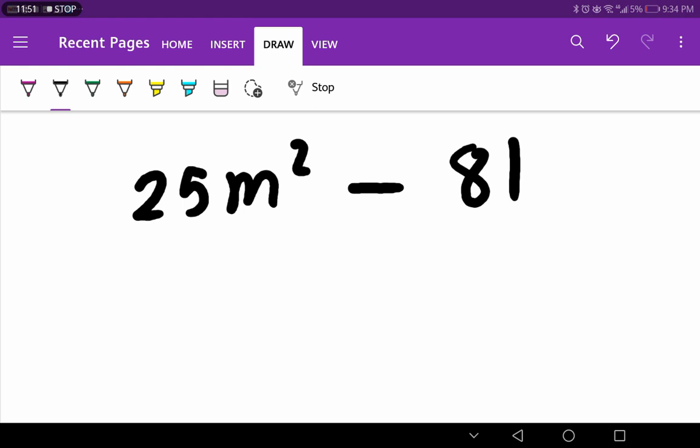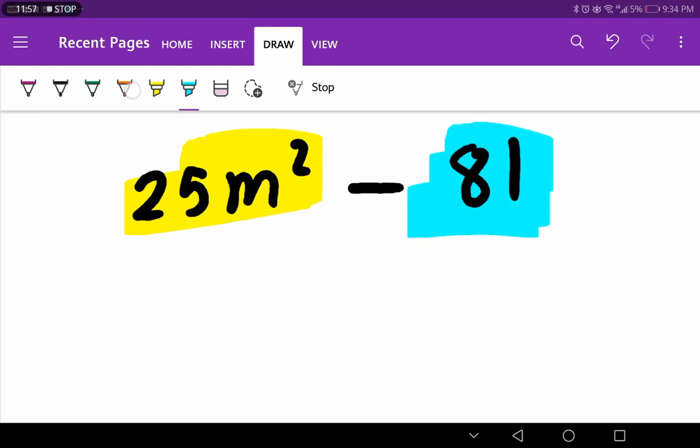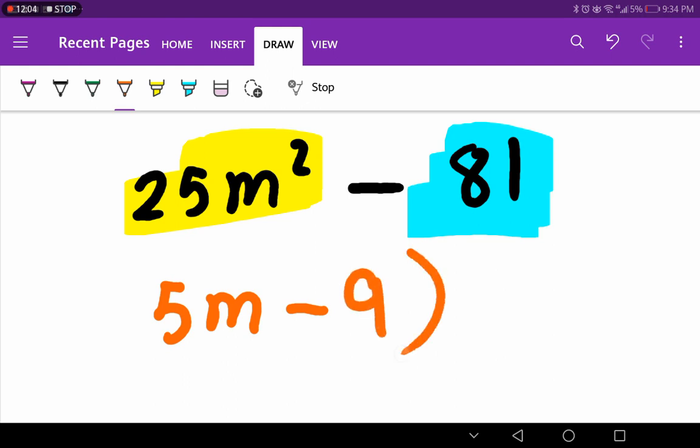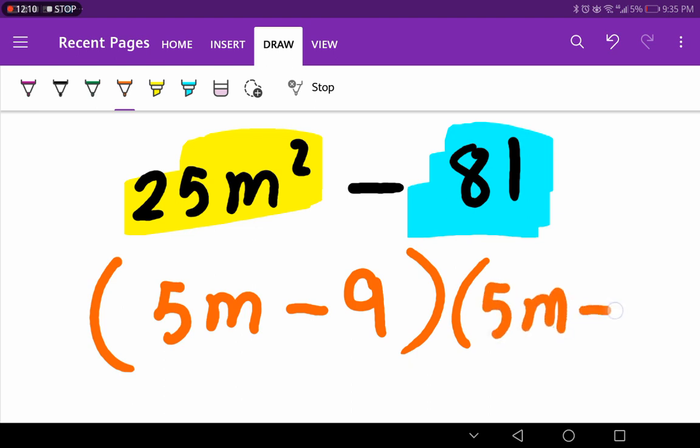Can you deal with it? Yes, this is a perfect square and this is a perfect square. So the first one comes from 5m and the second one comes from 9. So I will write one with minus and the same one with plus 9. Are you happy with that?